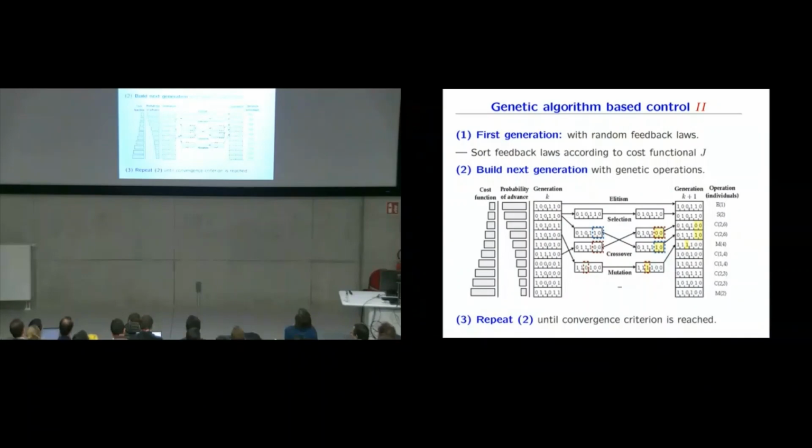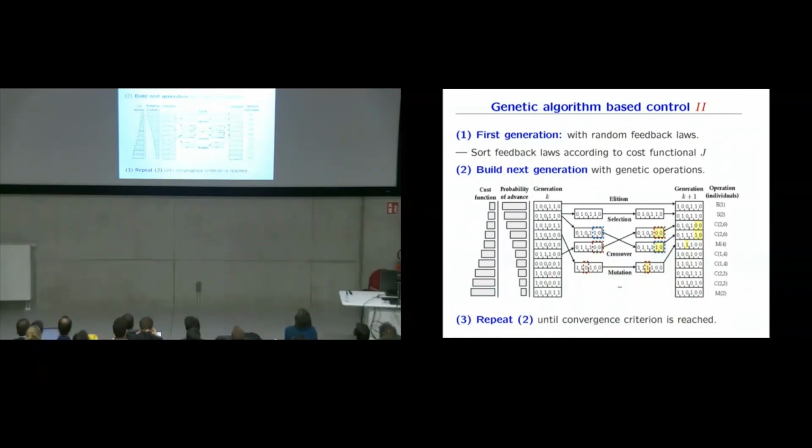And then we apply some genetic operations which may create some new controllers. One operation is called selection, or replication. You take one of the controllers and put it in the next generation with some probability. Why might this be useful?